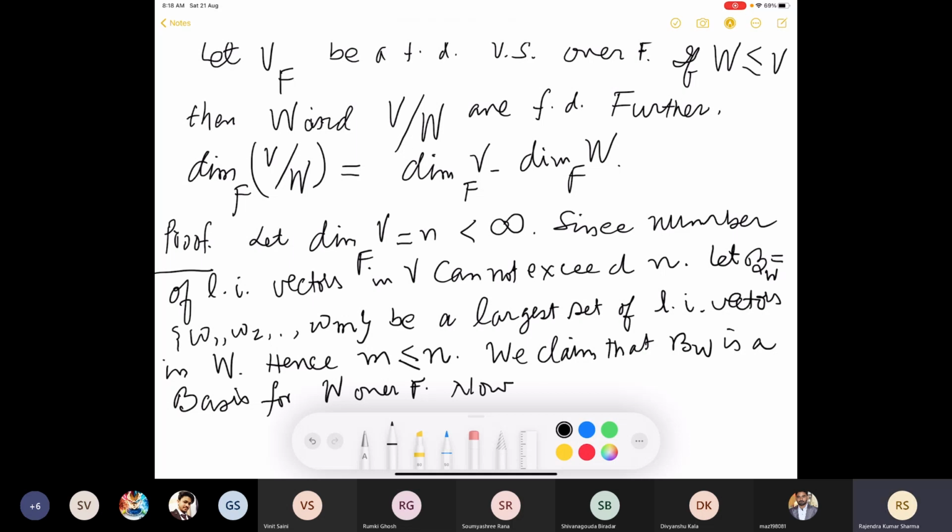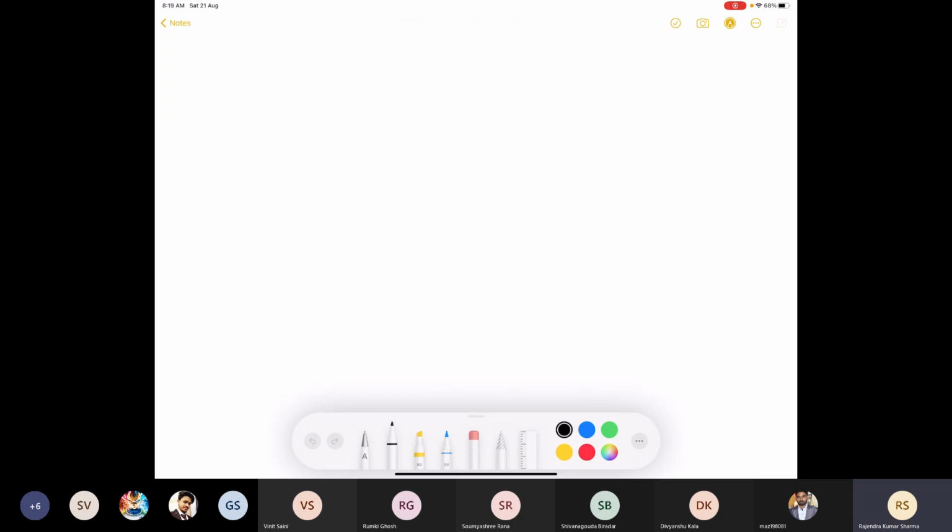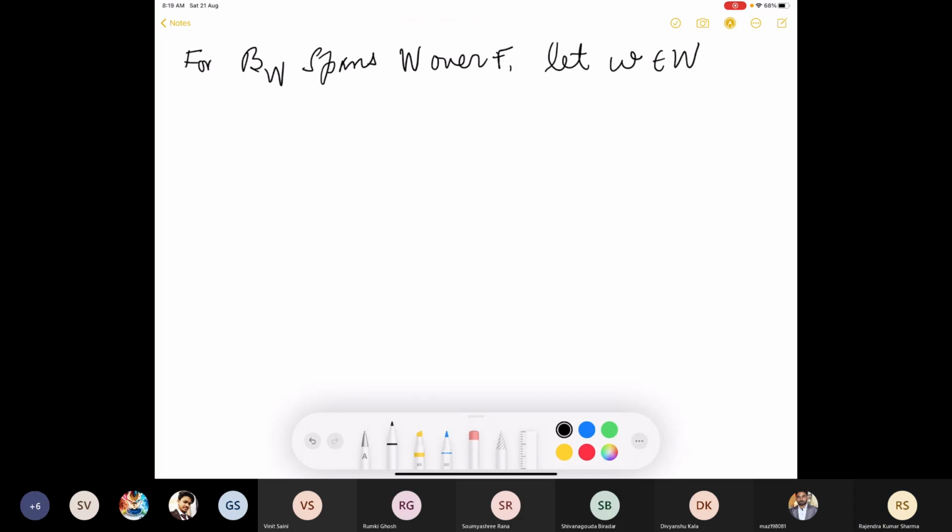Now, BW already consists of a linearly independent set of vectors from W. So what we need to prove is that BW spans W. So for BW to span W over F, let us take that this small w is an element in W. But then w together with these Wi's, these vectors are m plus 1 in number, but the linearly independent vectors in W can be at most m.